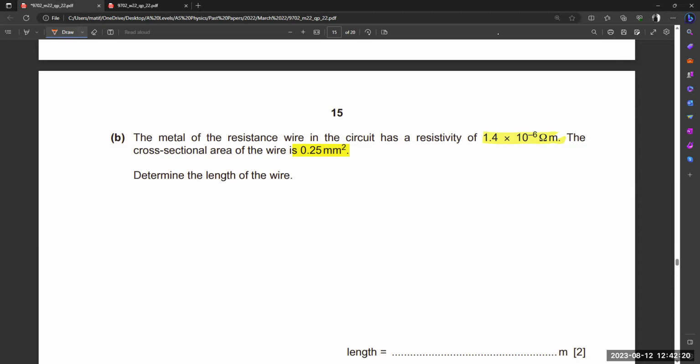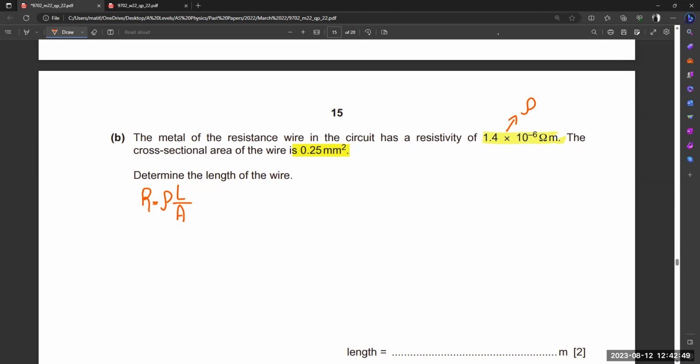The symbol for resistivity is the rho symbol in the formula. If you remember that formula, R equals rho L over A. This formula is related to the factors affecting resistance: resistance is directly proportional to the length and inversely proportional to the cross-sectional area, right?